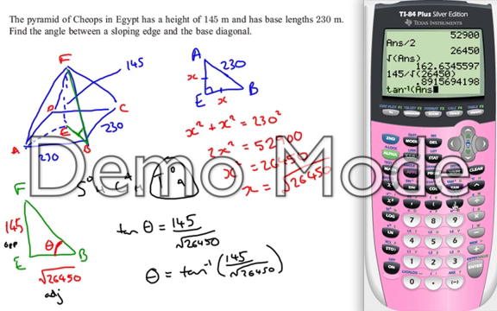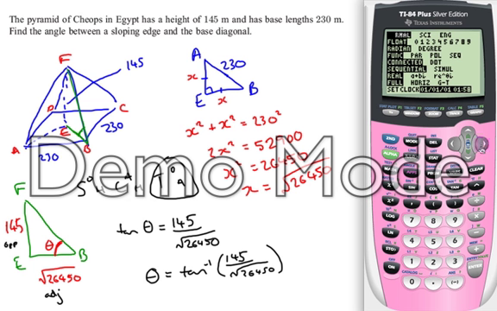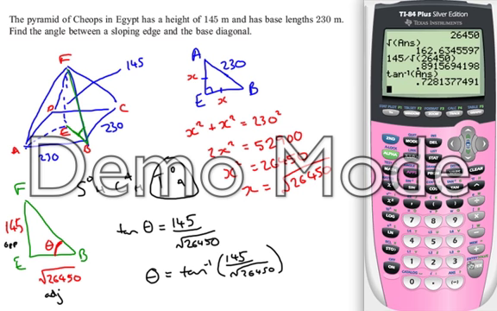my answer. Let's just be careful here. I think my calculator's still in radians. It is indeed. Make sure it's in degrees. Yours always should be. Sorry. Let's go to mode.